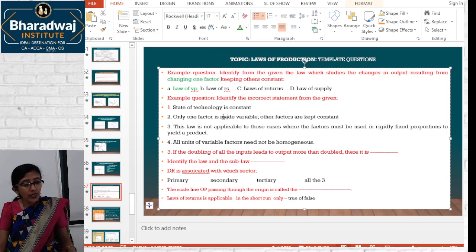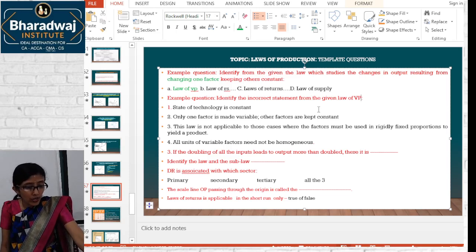Then identify the incorrect statement from the given. State of technology is kept constant, and this is regarding law of variable proportion. Look at this and see which is incorrect.